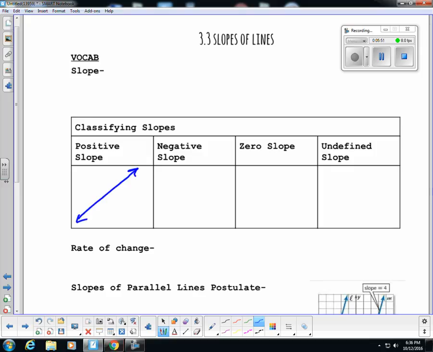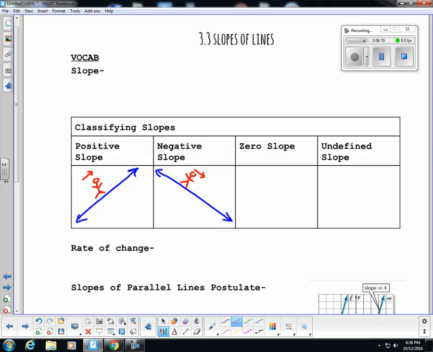It looks like we're going uphill. If I put a tiny dude on top of that, he's walking left to right uphill. On the contrary, negative sloping lines look like this. If I put that little dude there, what's he doing left to right? He's walking downhill, negative slope.